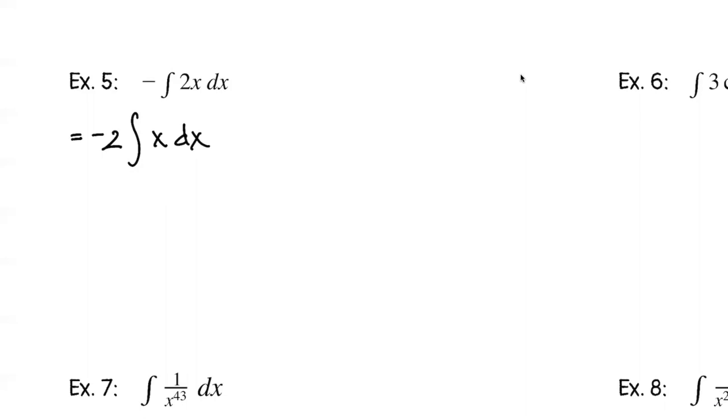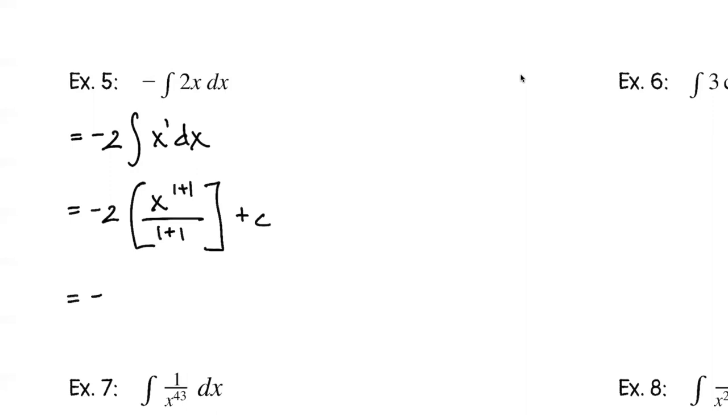I might even want to put a 1 in the power so I know what I'm plugging in for n in the power rule. And so that's going to give me negative 2 x to the 1 plus 1 over 1 plus 1 plus c. And this gives me negative 2 times x squared over 2.